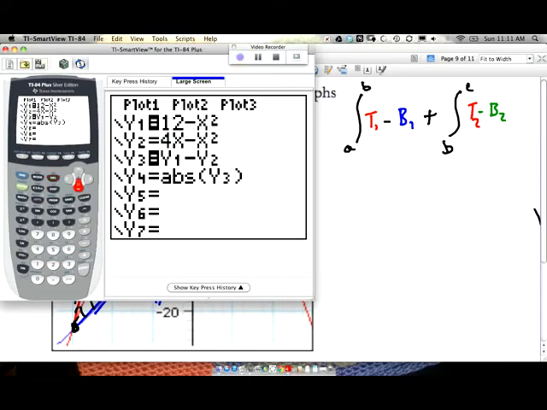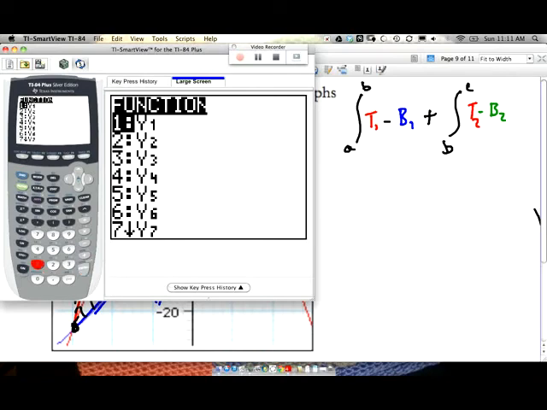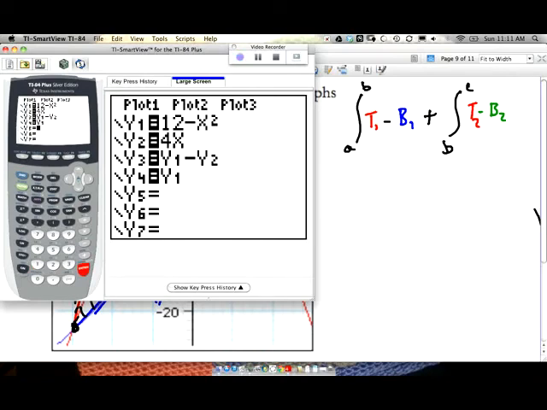Now I already got a 4x in here, so I'm going to have that be my blue, which I actually kind of wanted. And we need the red minus the blue to start, but then we need the red minus the green to finish. So let's kind of switch some things around here.